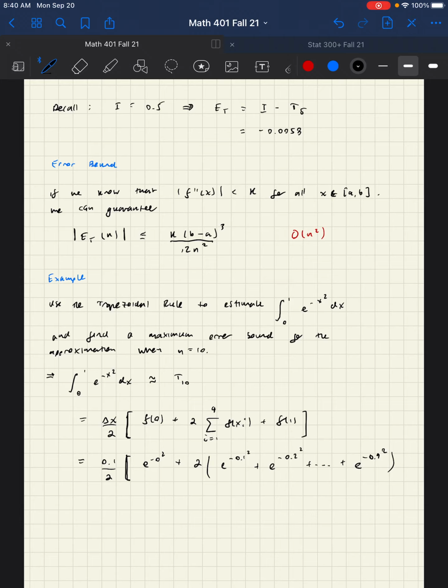Remember the order in the argument of that exponential expression: you're going to square the x sub i's first and then make them negative. Otherwise, your calculator will get confused. And then plus e to the negative 1 squared. Yes, the negatives there matter, so make sure you're not losing track of those.